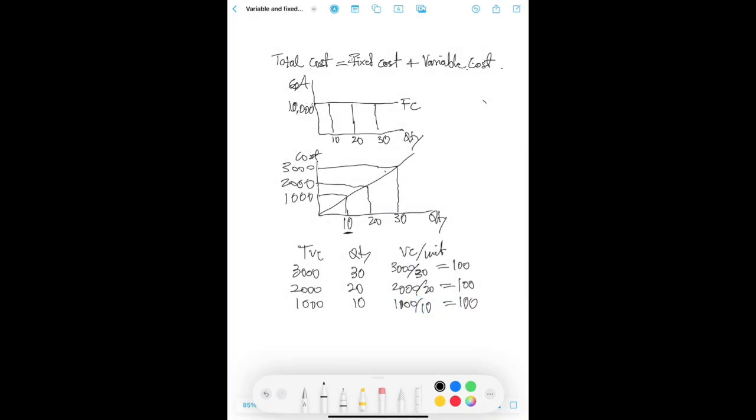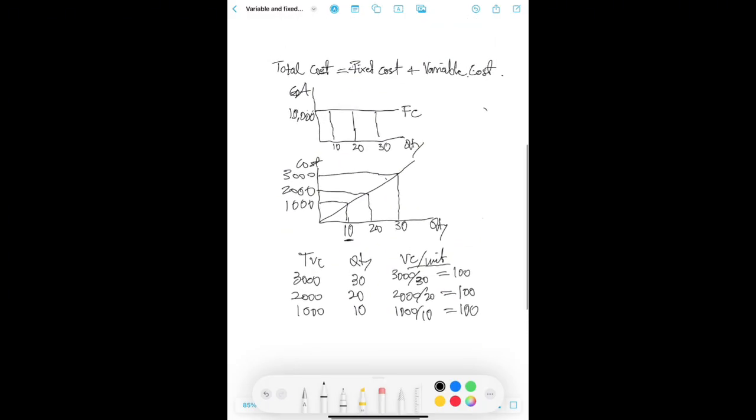If you notice, the variable cost per unit is constant at 100, 100, 100 naira all through. That tells us that fixed costs and variable costs per unit have the same behavior. They remain constant even as activity changes.